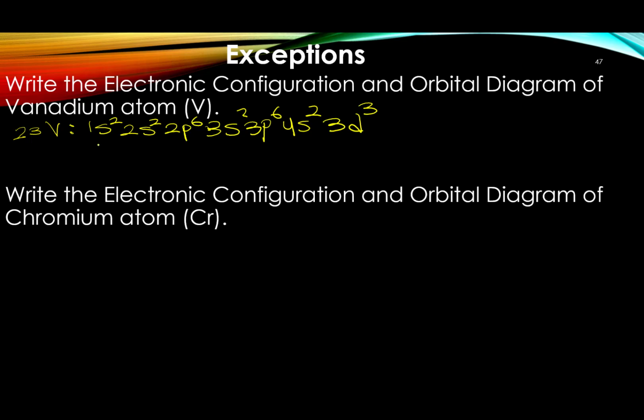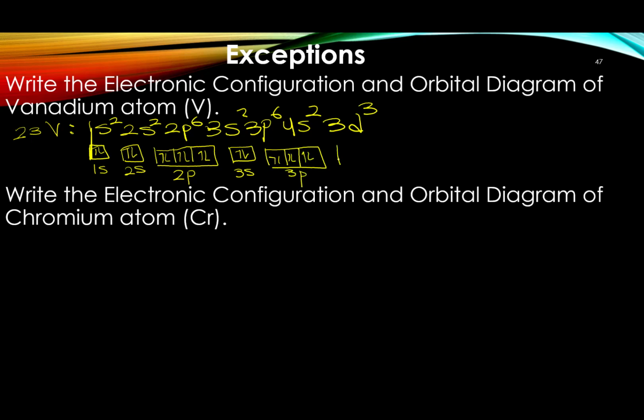Orbitals. Okay, 1s2, 2s2, 2p6, 3s2, 3p6, 4s2, and 3d3.